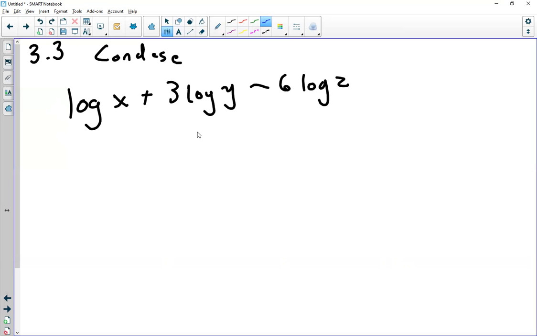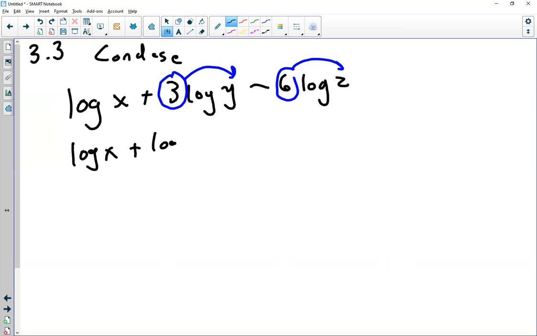In this situation, to condense it, you would first move all the things that would be exponents to the exponent. So the 3 is going to move up and the 6 is going to move up. So log x plus log y to the 3rd minus log z to the 6th.